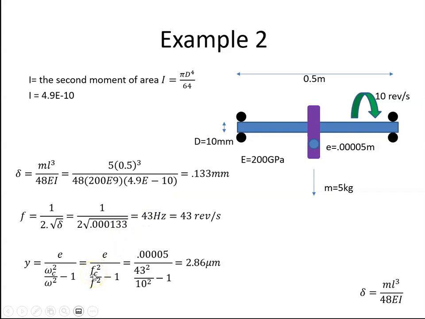So omega is equal to 2 pi f. You can consider it like 2 pi fc by 2 pi f. The 2 pi's would cancel, so it's just the same as fc all over f. So the critical frequency, which was 43, all over this, which is 10. And when we put that into the calculator, we get 2.86 micrometers.